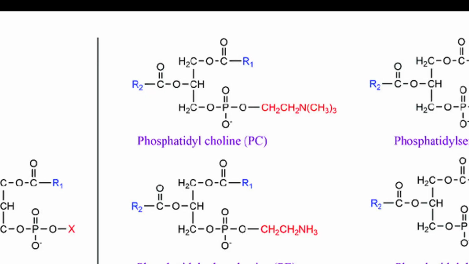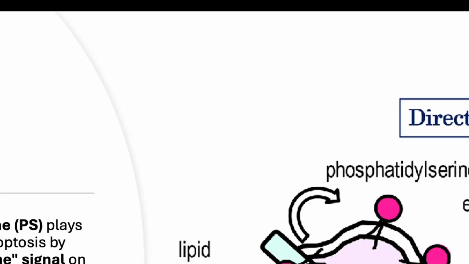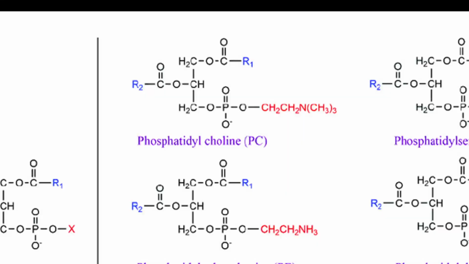Before that, let me tell you what phosphatidylserine is. So this is a lipid chain. This is a schematic of a lipid, any general lipid. We have the glycerol backbone, 3-carbon backbone, then COOR. This is the fatty acid R1, fatty acid R2, and the X group, which changes the nature of the lipid. This will form the lipid head, and all these long chain fatty acids will form the lipid tail.